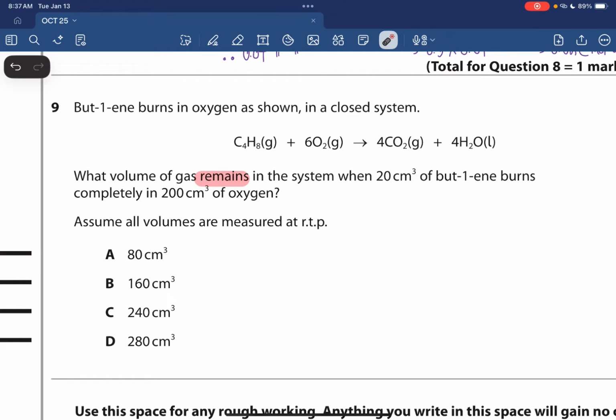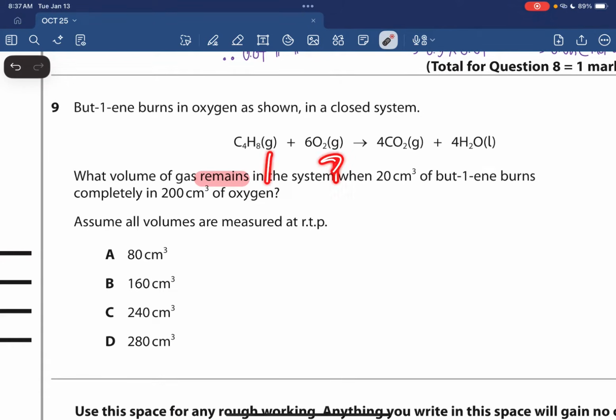So what you could do is figure out the moles of the individual gases and then compare the molar ratios, figure out the volumes of each gas, and then subtract from the total volume. So this is one approach, but I on the other hand would tell you to follow this simpler approach.